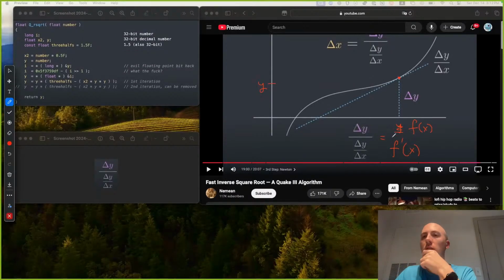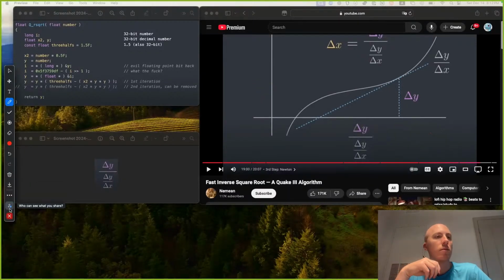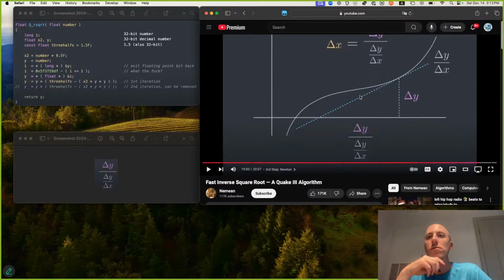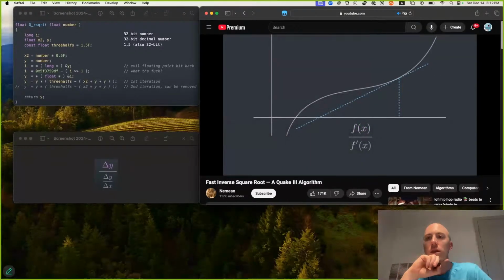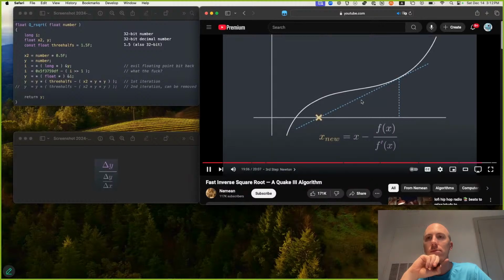So he's just doing y over... Yeah, I guess it's y over y prime. Okay. So then we simply subtract this offset to get our new x.